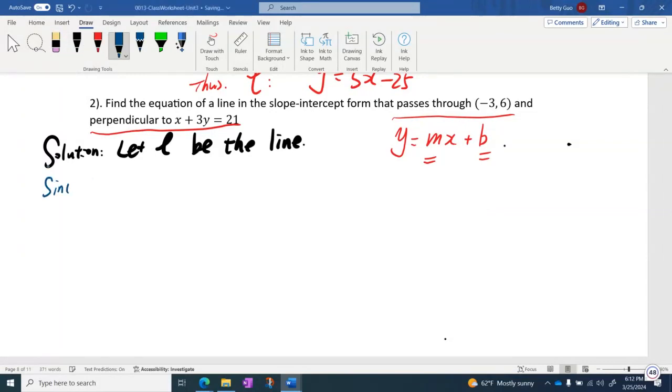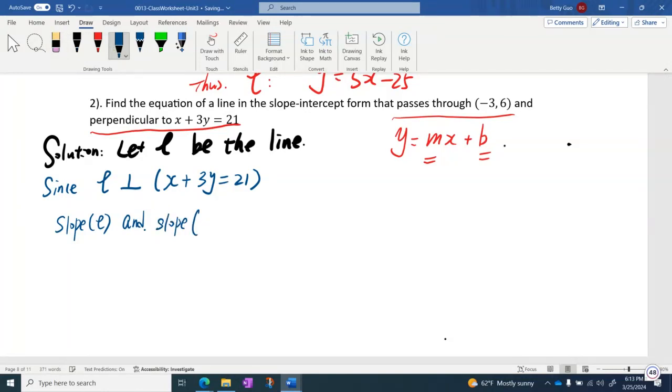Since L, the line we're looking for, is perpendicular to the given straight line x plus 3y equals 21, the slope of L and the slope of x plus 3y equals 21 must be, do you remember the concept?